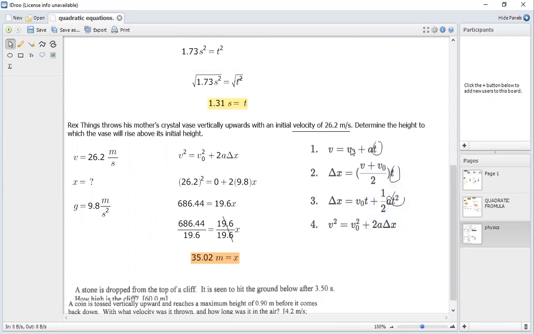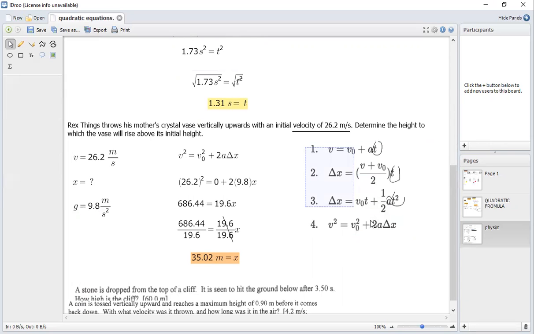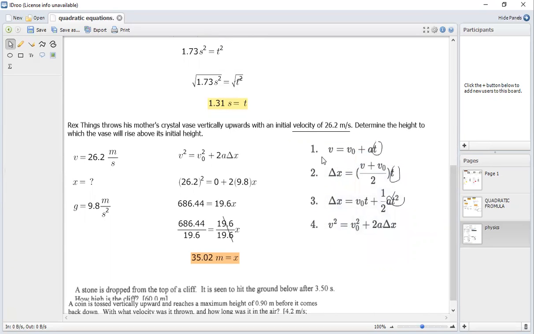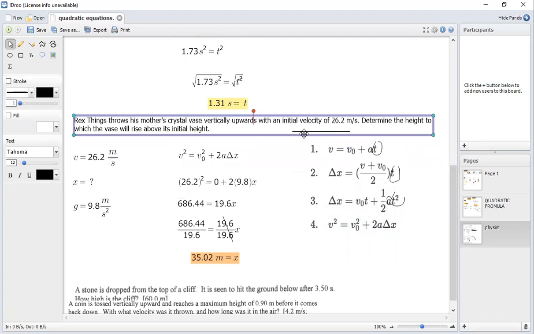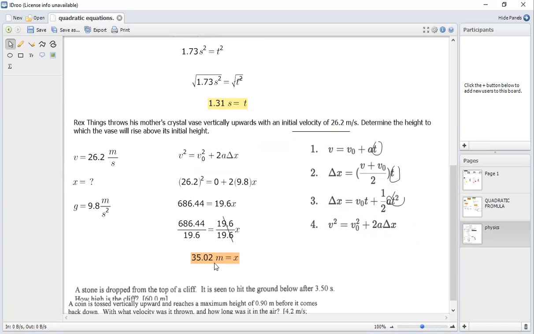So did you understand the number 2? Yes. So what will be the answer? 35.02 meters. So the height to which the vase will rise above the initial height is 35.02 meters. That's the answer.